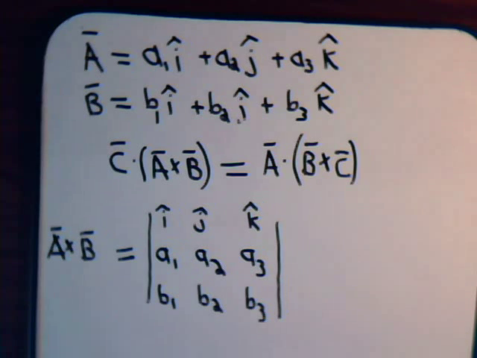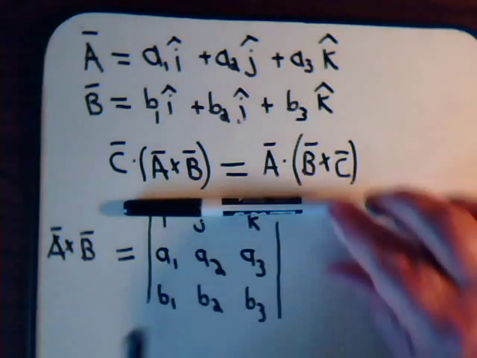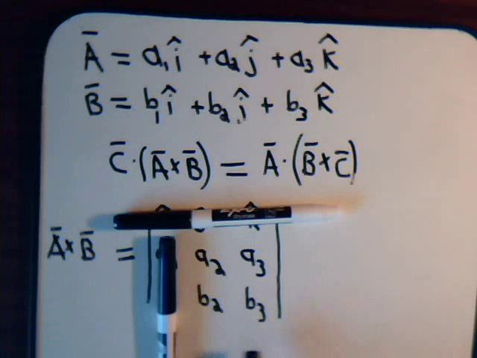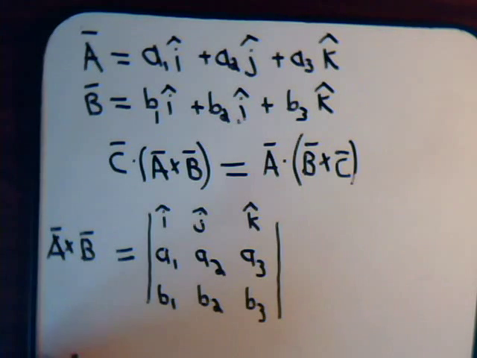So starting with I, we cover up the first row and the first column, and we have this 2 by 2 determinant, A2, B2, A3, B3. And this is times the I unit vector.